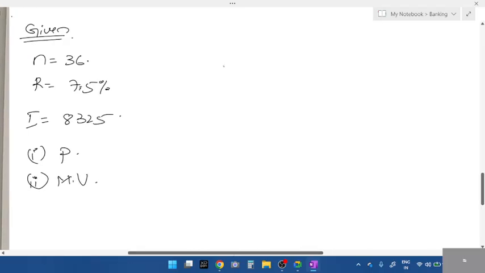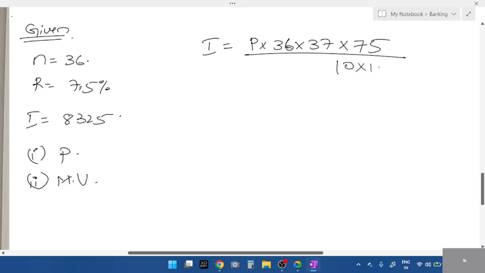So you have to write this, students. Once you write it, then you can solve it. Maturity value is not given. Interest, they have given us interest. Use the interest formula. Interest is equal to principal P into 36 into n into n plus 1, 37 into 7.5. Now how do I write 7.5? I can write it as 75 by 10 into 100.